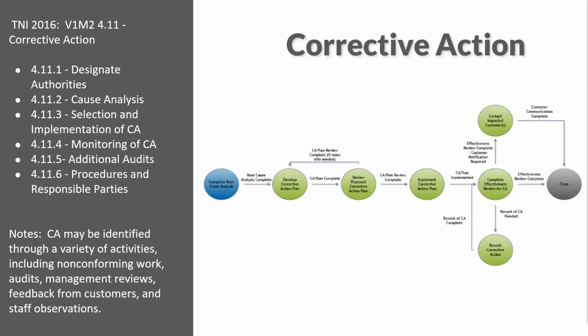So basically designating your authorities, which you will do in your procedures, but is also done here in the workflow. Down at the bottom, that procedures and responsible parties, that's all defined here.